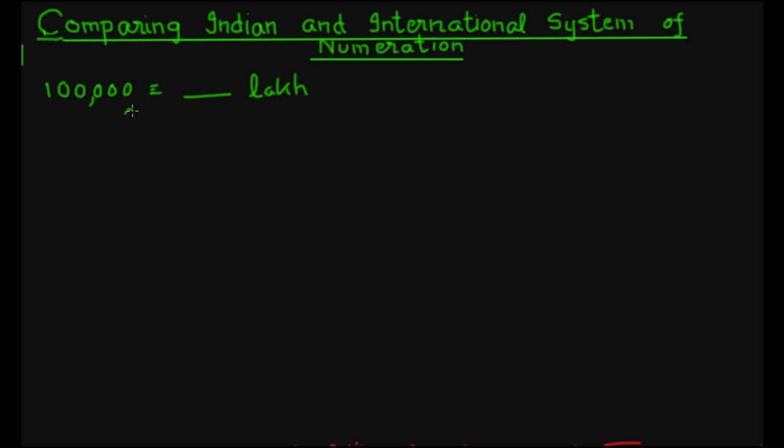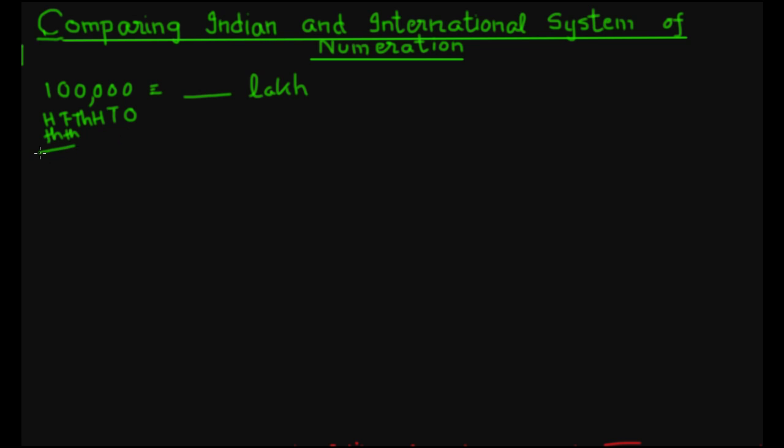So this is the ones, this is the tens, this is the hundreds, this is the thousand, this is the 10,000, and this is the 100,000 according to the international system.